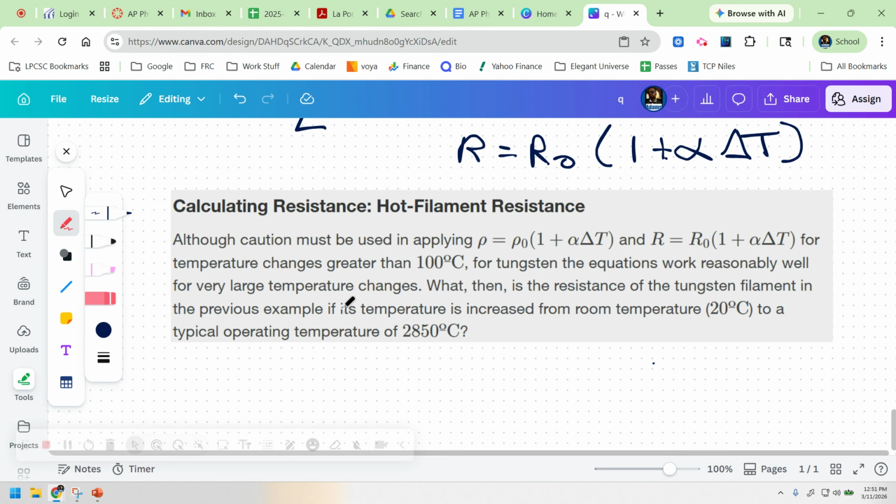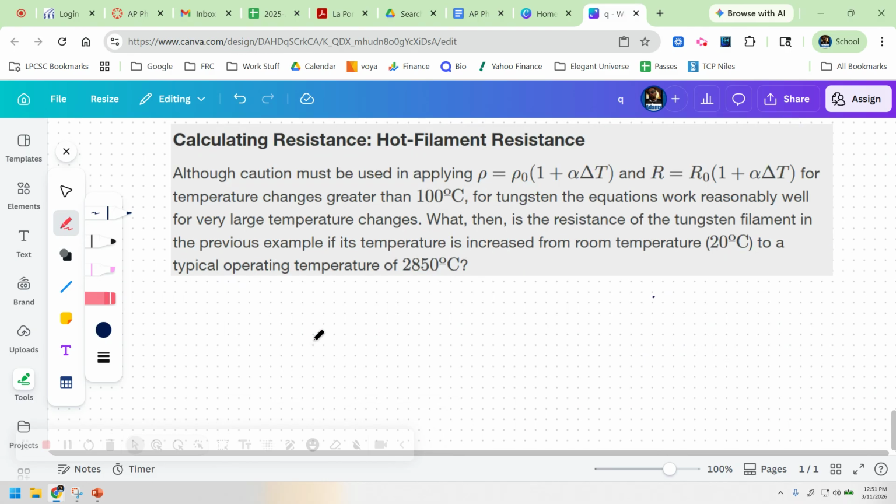Okay, what then is the resistance of a tungsten filament from the previous example if the temperature is increased from 20 degrees to 2,850 degrees? All right, so let's do it. We say that the resistance is equal to the initial resistance times 1 plus alpha delta t.